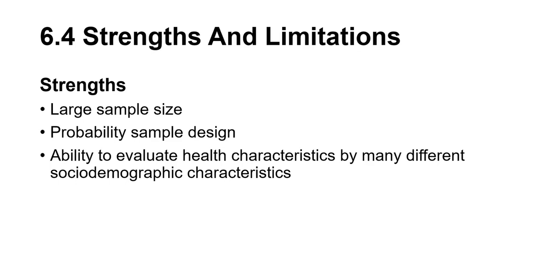The NHIS has such a large sample that can be combined across years, and the information collected is pretty consistent. So you can look at several different health characteristics by age, race, ethnicity, place of birth, as well as education and other factors.